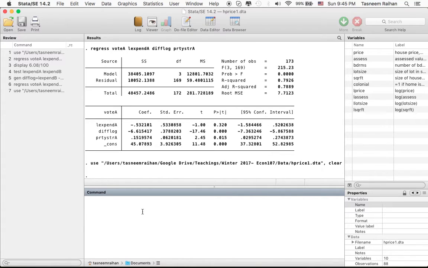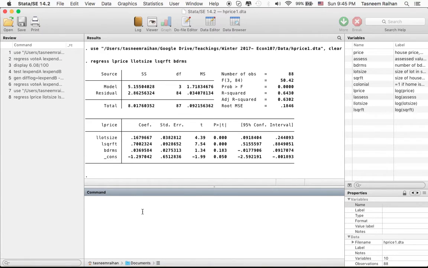I'm sure you are already very familiar with this regression method. So just regress, then the dependent variable lprice, and the independent variables lotsize, then lsqrft, that is the second independent variable, and the third independent variable is bdrms. So hit enter.